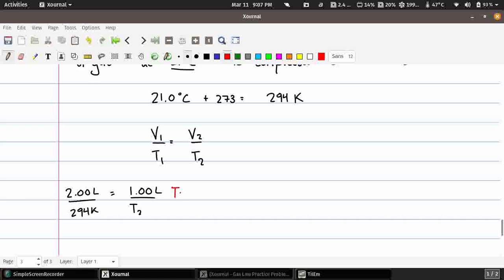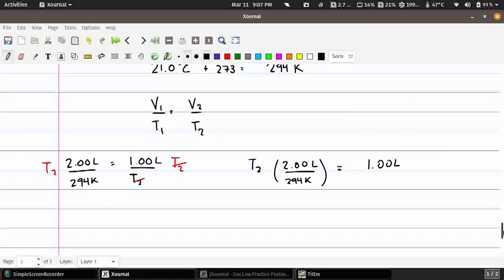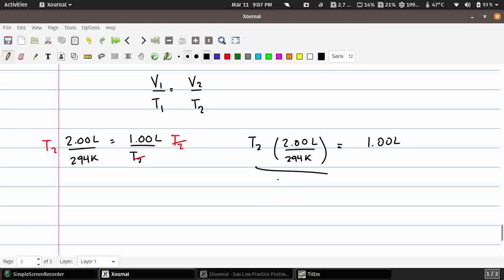So multiply by T2, and then you're going to have T2 times 2.00 liters over 294 kelvins equals 1.00 liters. Since we're using a calculator, it's not really hard. You just divide this ratio out, and then you divide it over here, and it'll cancel.